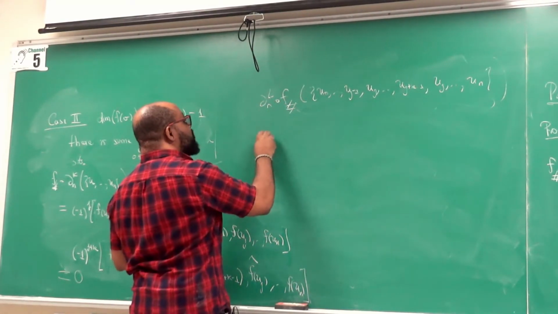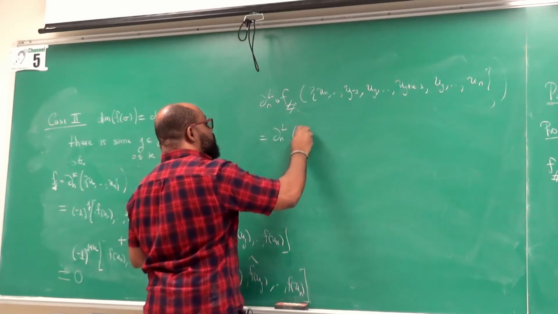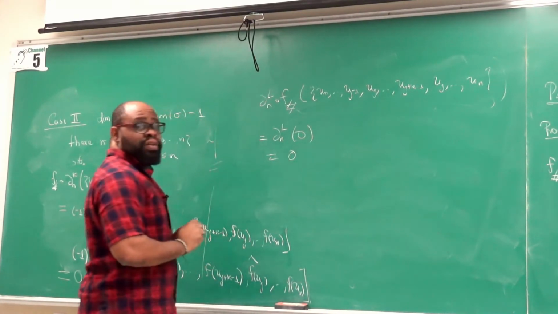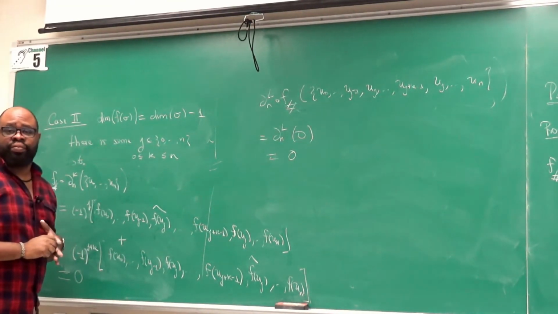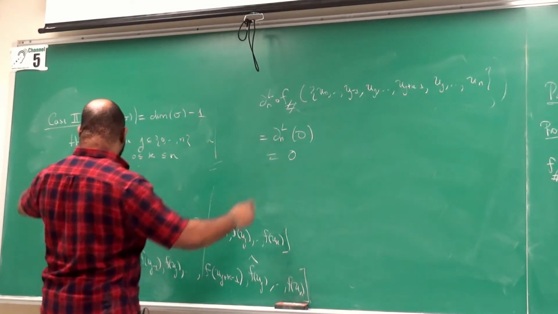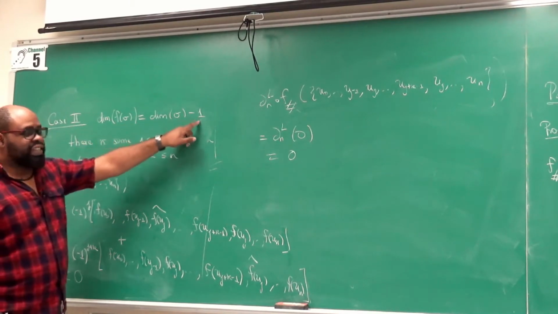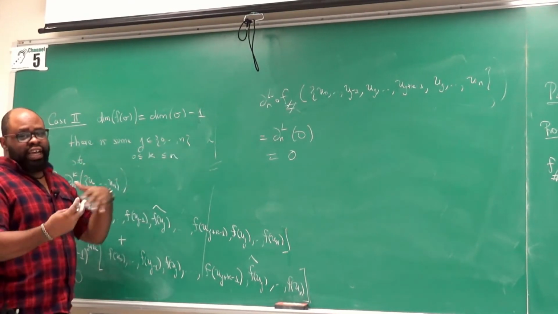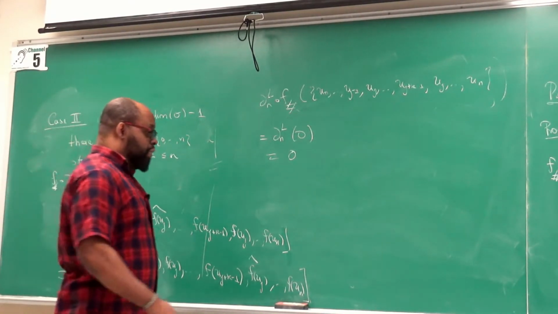So this is just dn of 0, which is 0. Okay. So in case 2, when the dimension is less than 1, both sides give you 0, therefore they're equal.